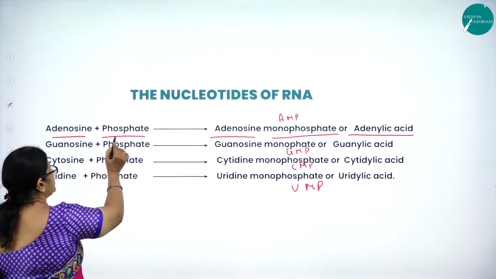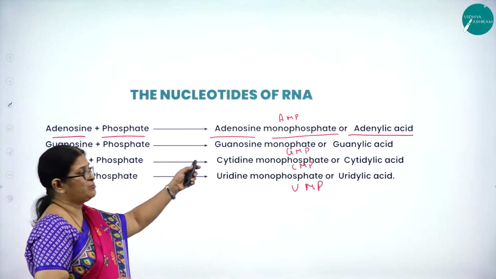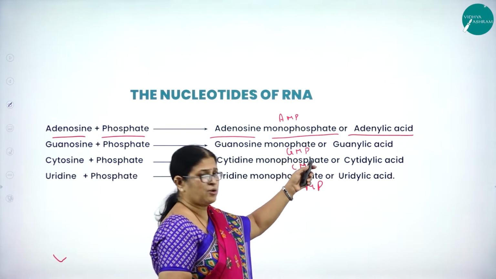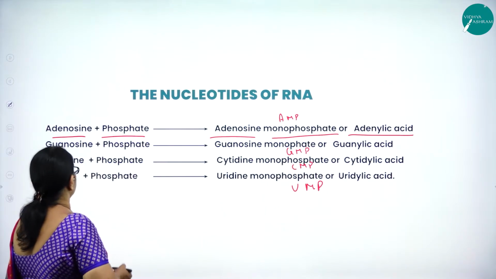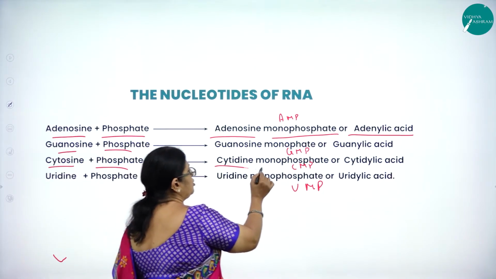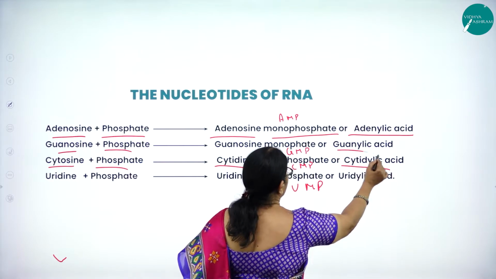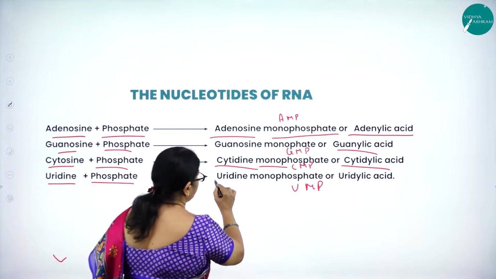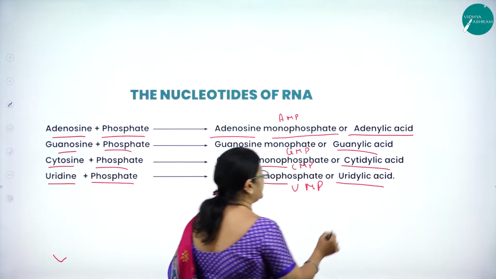So here adenosine plus phosphate forms adenosine monophosphate or adenylate acid, guanosine phosphate or guanylate acid. Then cytosine plus phosphate forms cytidine monophosphate or cytidilic acid. Here uridine plus phosphate forms uridine monophosphate or uridilic acid.